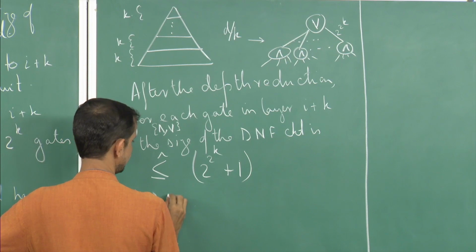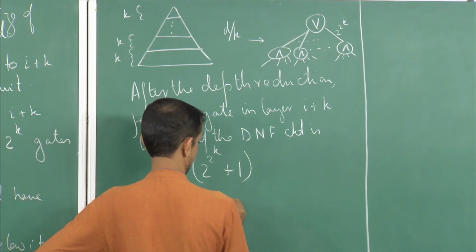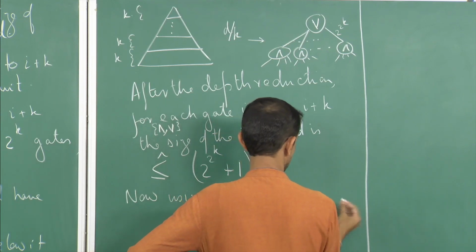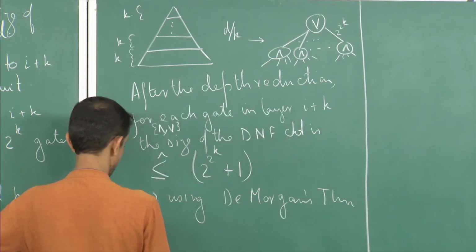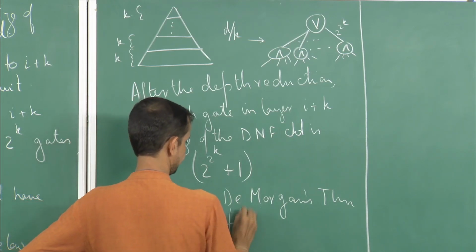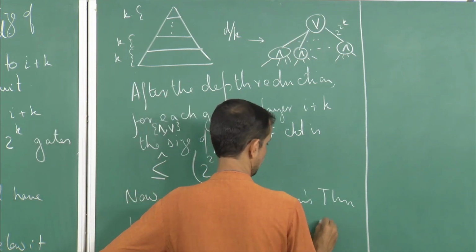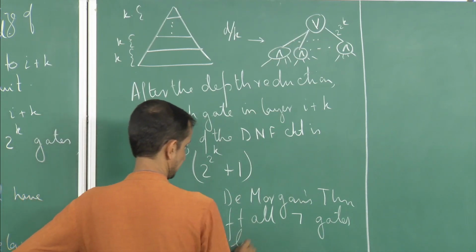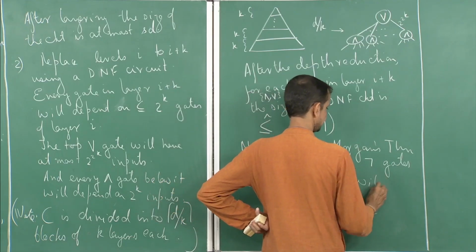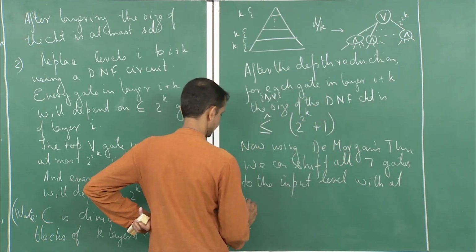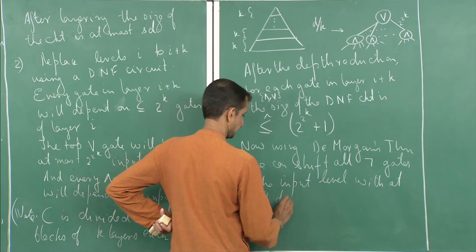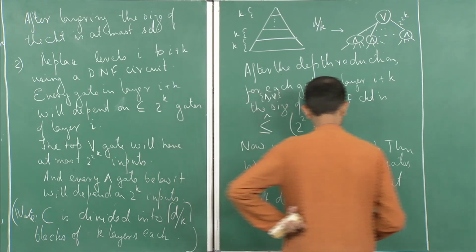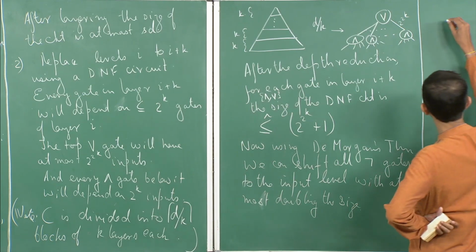Now, using De Morgan's theorem, I will have some NOT gates, but I can shift all the NOT gates to the input level with at most doubling the size.